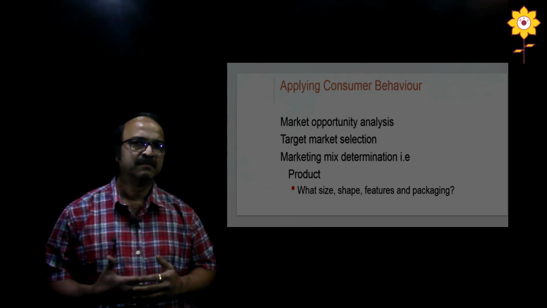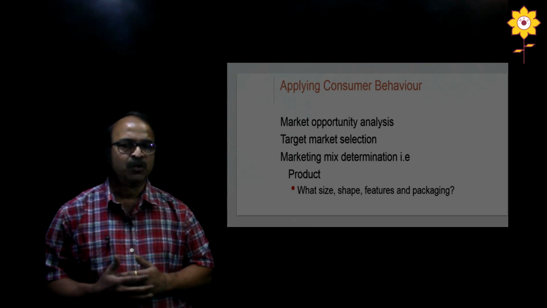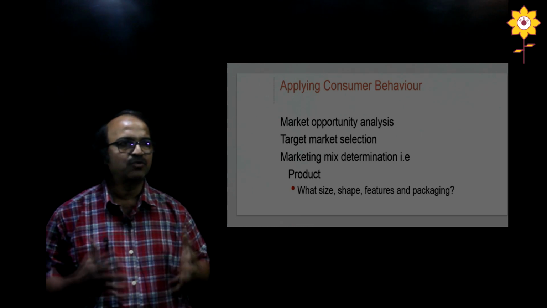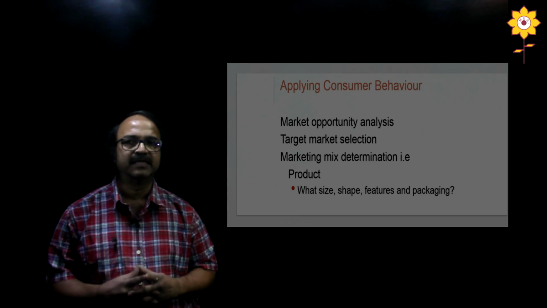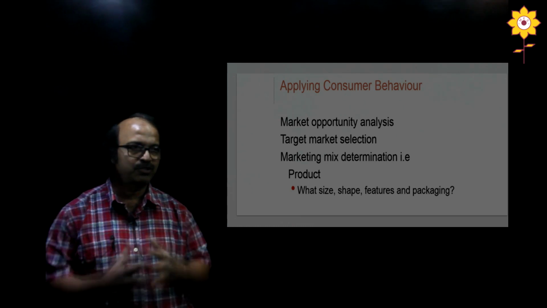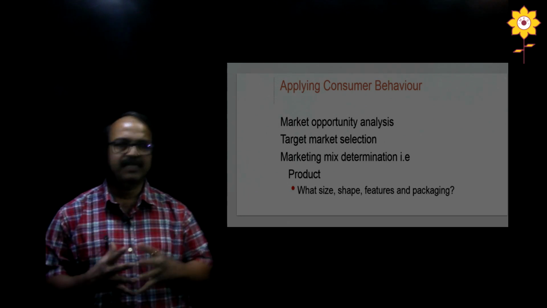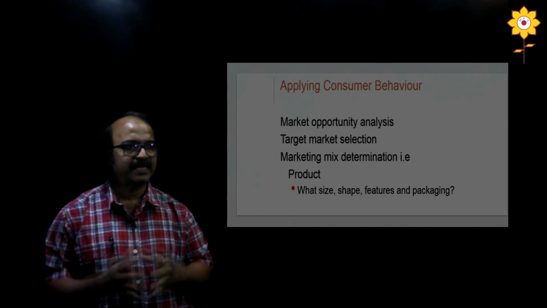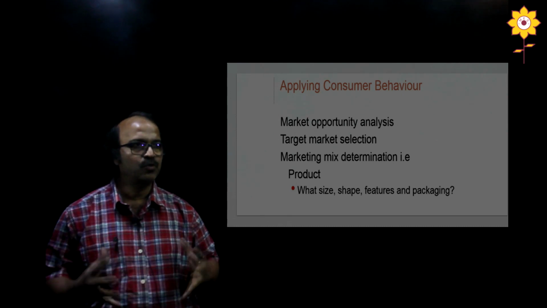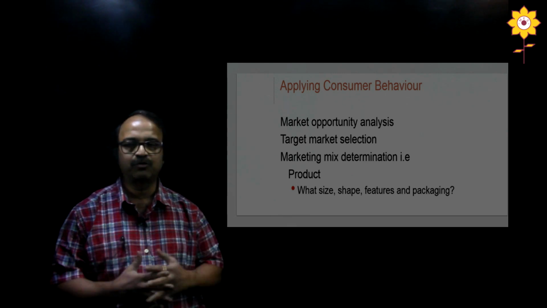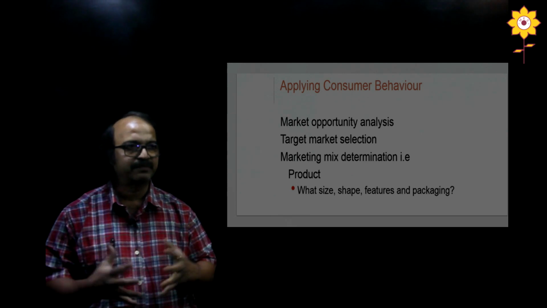They don't sell. Benefits sell. So if a company wants to sell a particular product, it has to look at the opportunity in the market. The opportunity for any particular product has to be analyzed. How do we analyze? We cannot analyze that in silos. You have to do consumer behavior research. So as a company we have a market opportunity analysis.